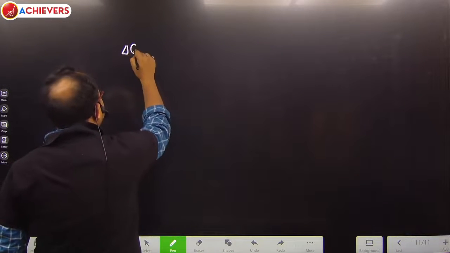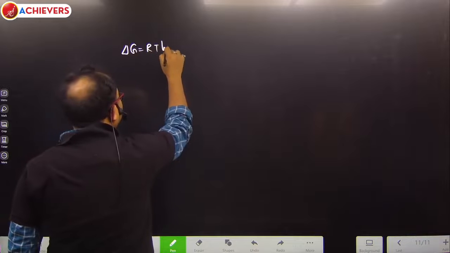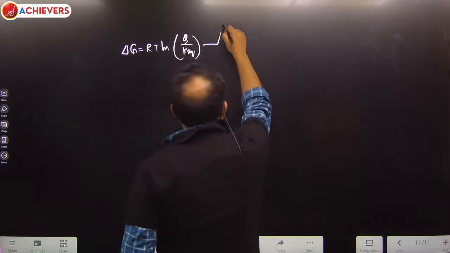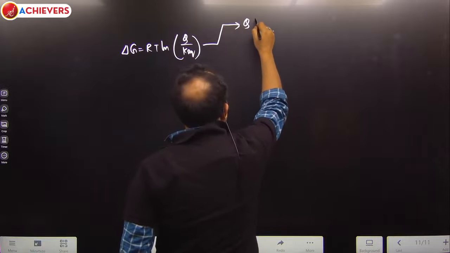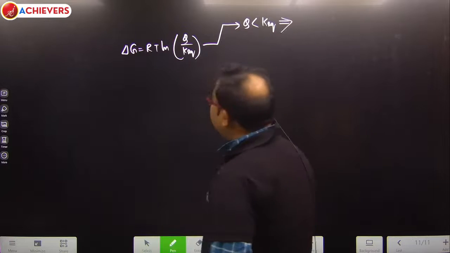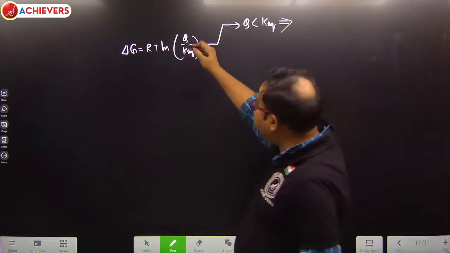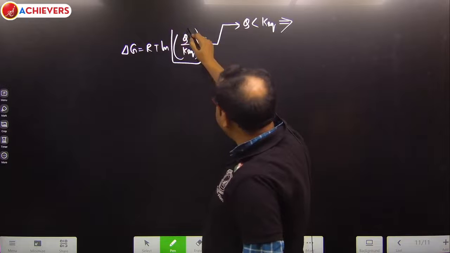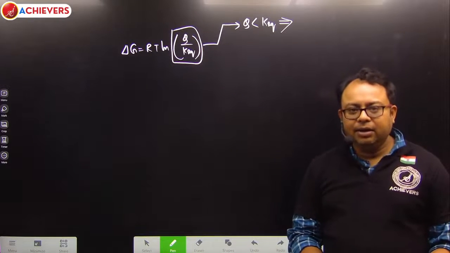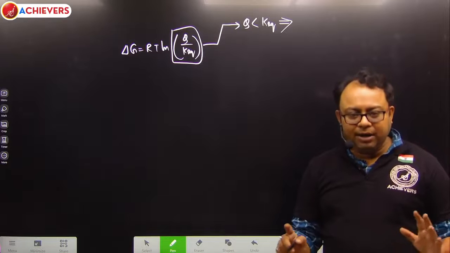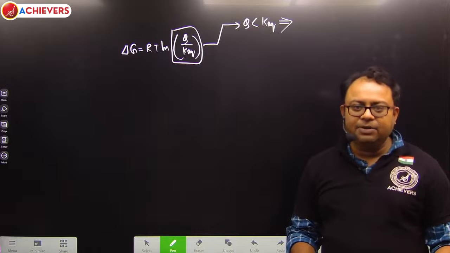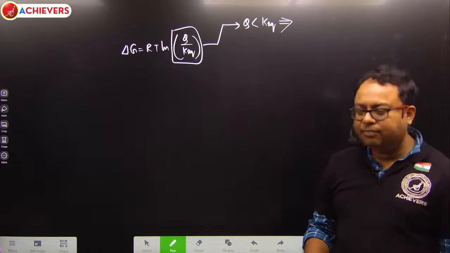As delta G is equal to RT ln Q by KQ, so one can say that if Q is less than KQ, then what is going to happen? If Q is less than KQ, then this particular parameter Q by KQ is less than unity. And we know that ln 1 is 0. ln of something less than 1 must be negative, and ln of something greater than 1 must be positive.